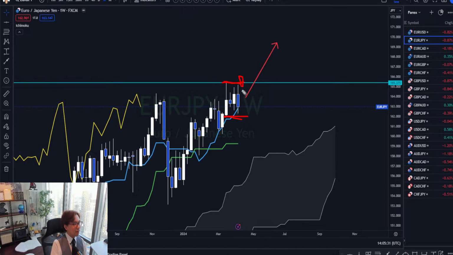Most likely it breaks. In this case, before the breakout happens, I don't mind entering the trade, so that once the breakout really happens and the new trend begins, I can expect a bigger reward. So Euro JPY is good in that sense, to expect the breakout still on the resistance.